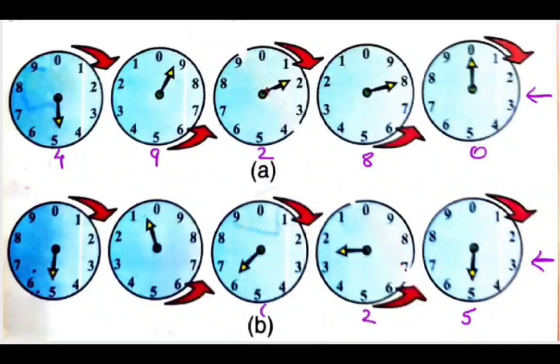This is 6. How much is this? It's 1. And this is 5. So my old reading was, let me write it here, 49,280 units, and the newer reading was 51,625 units.